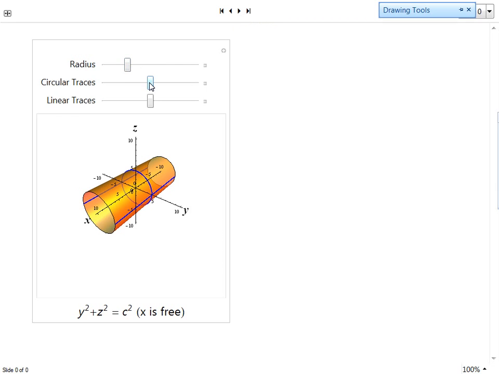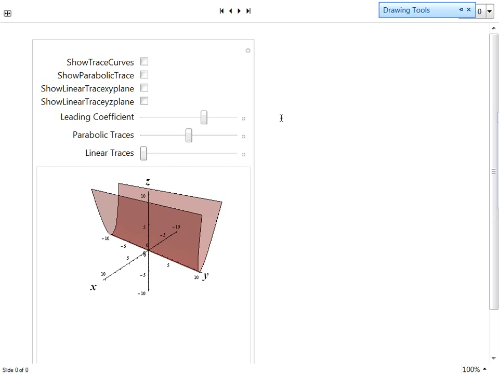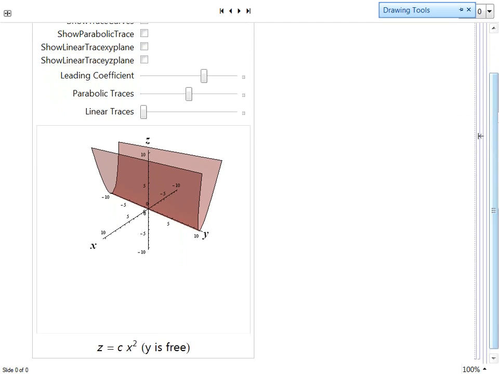Do you see the traces again? Circular traces, linear traces. Here they are. Next surface, parabolic cylinders. The traces of parabolic cylinders are parabolas and lines. There's a parabolic cylinder. I want you to see the equation of it on the bottom.